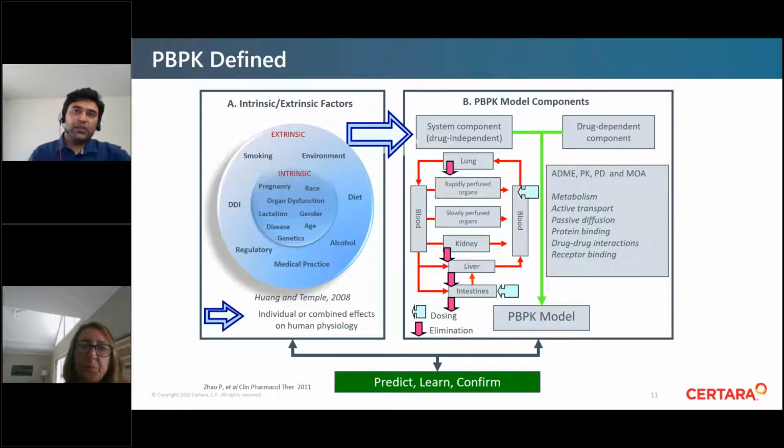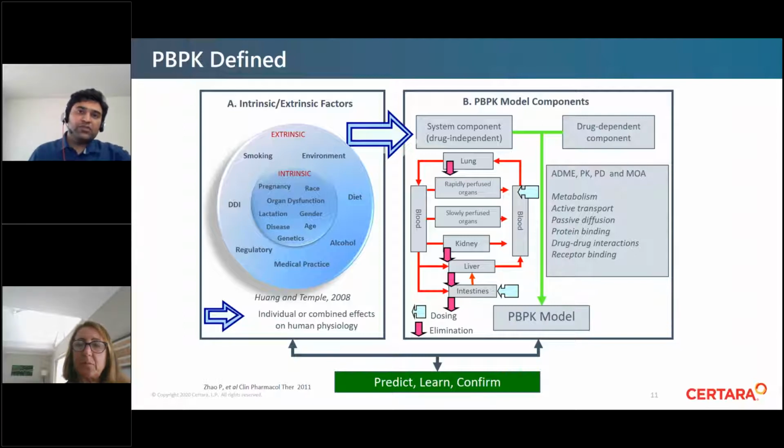That is the advantage of PBPK, that we can not only simulate an average individual, but also the population variability, which is very important from a bioequivalence point of view, because we are not only talking about the average, but we are also talking about the confidence interval. And that's where I think PBPK can give us a more realistic estimation of the likely comparison between the two formulations with the known physiology and formulation interaction.